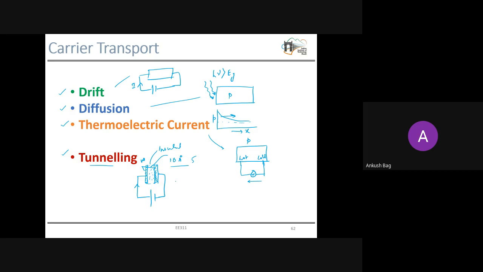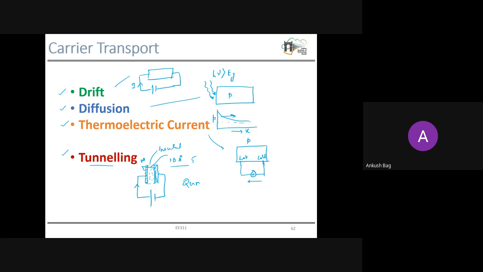Tunneling is a purely quantum mechanical phenomenon. Using classical physics, where electrons are treated as particles, you cannot explain this kind of current. To explain it, you need to invoke quantum behavior, where we need to consider the electron's wave behavior.